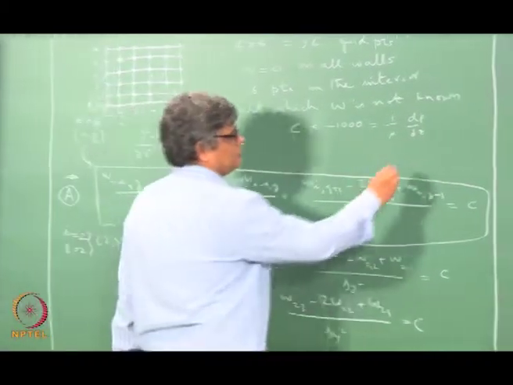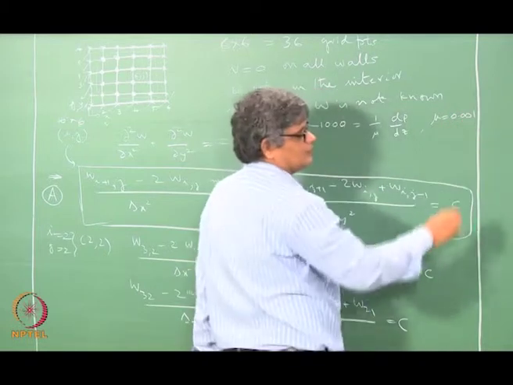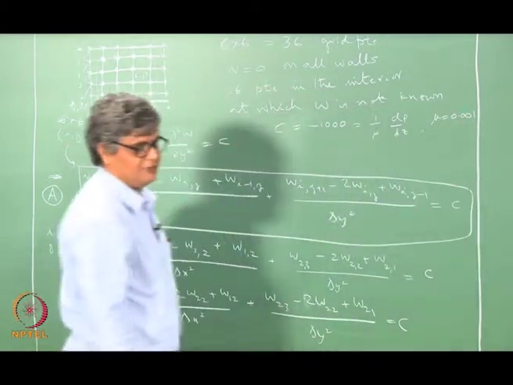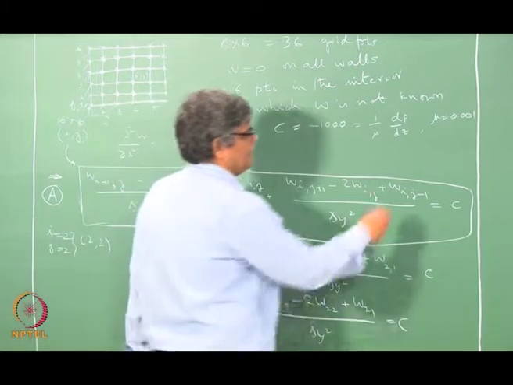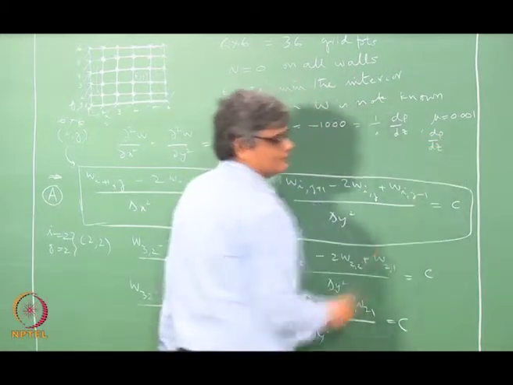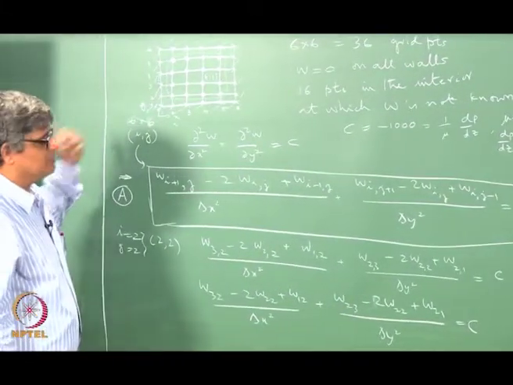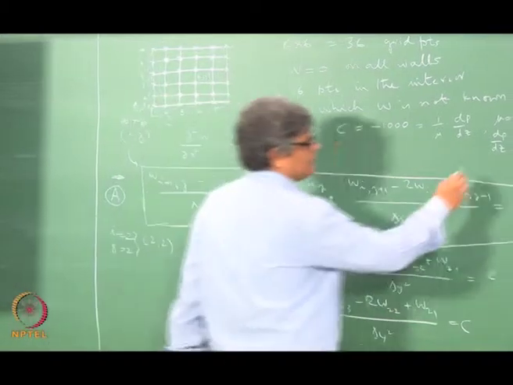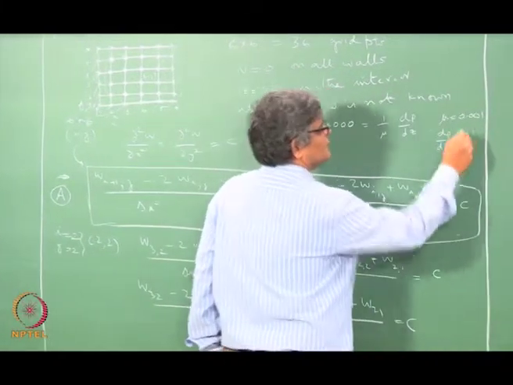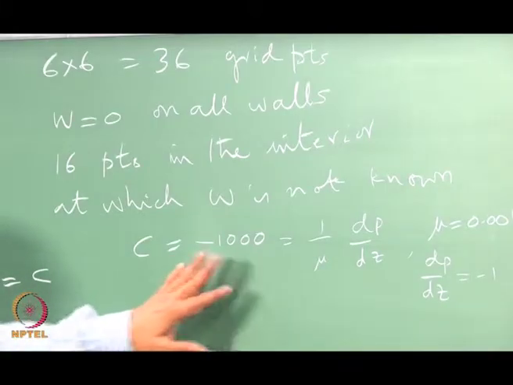If you take mu to be 0.001 Pascal second in SI units for water, and dp by dz is negative for the flow W to be positive, so we will take dp by dz to be minus 1, and that gives us minus 1 by 0.001. So that is minus 1000.